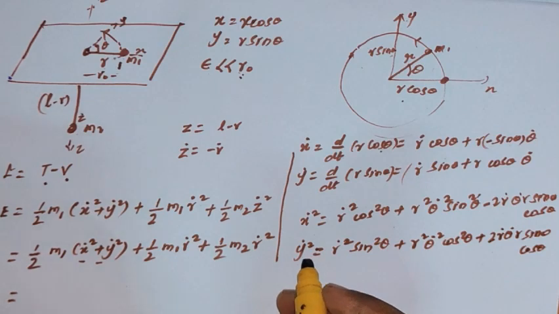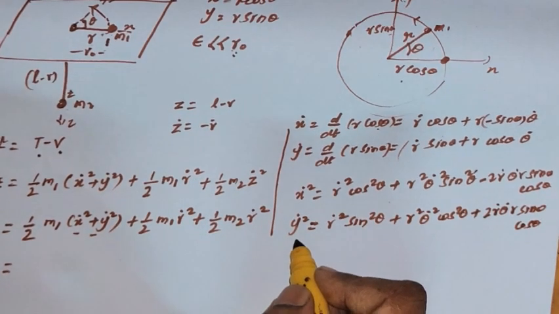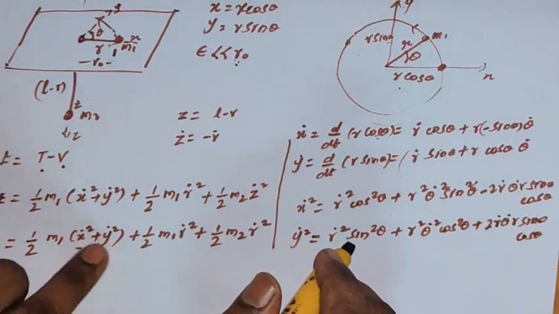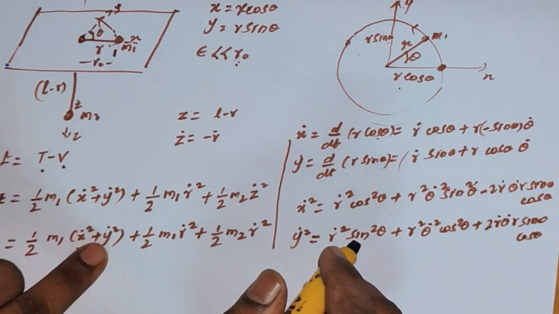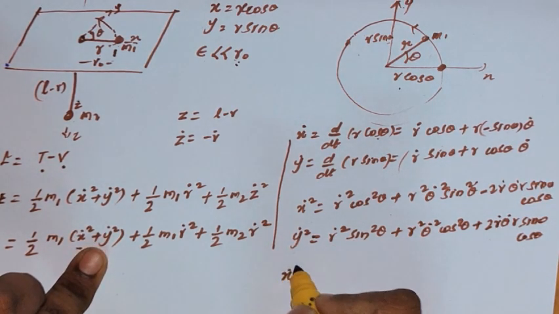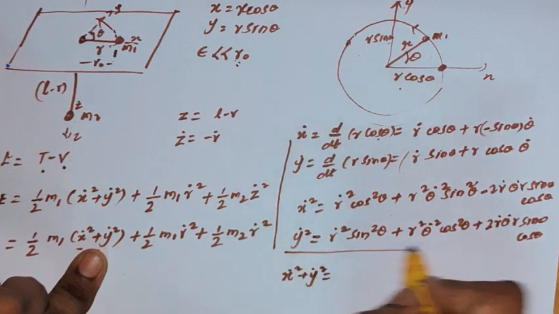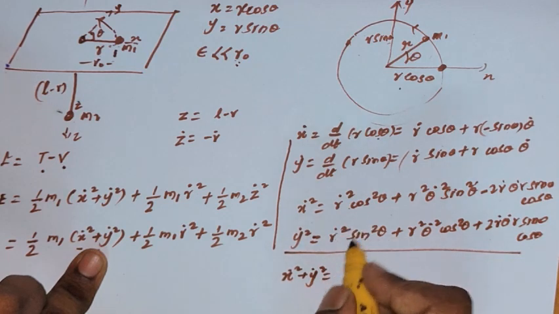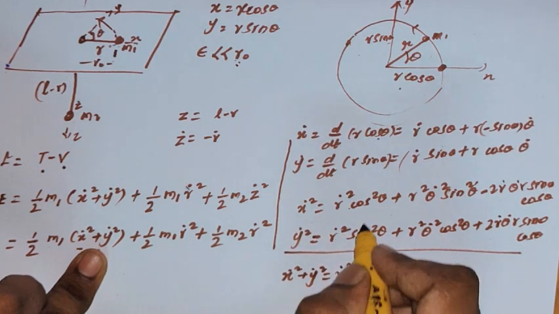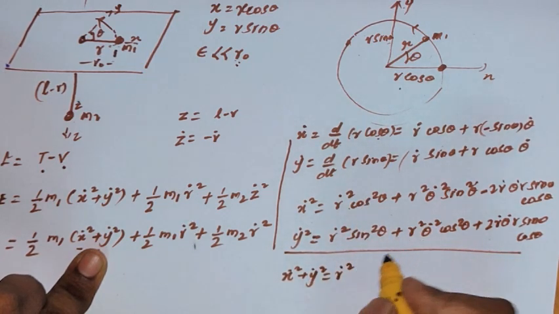So you can find the sum of x dot square and y dot square, because we need the kinetic energy due to the circular motion, that is the sum of x dot square and y dot square. Summing these two, the first term has r dot square common, and cos square theta plus sin square theta is 1.